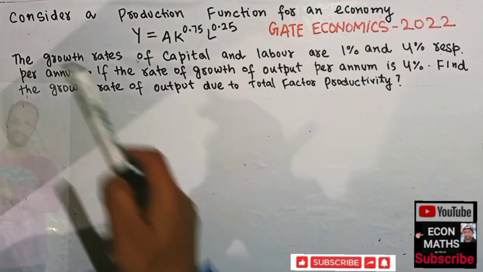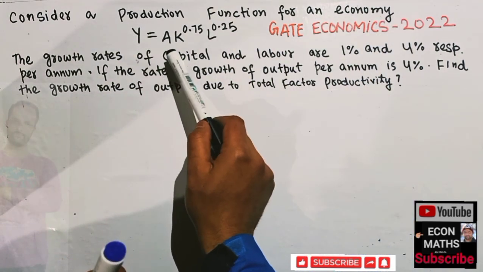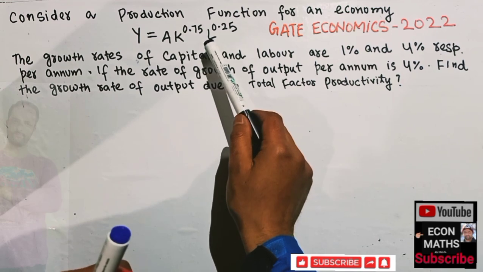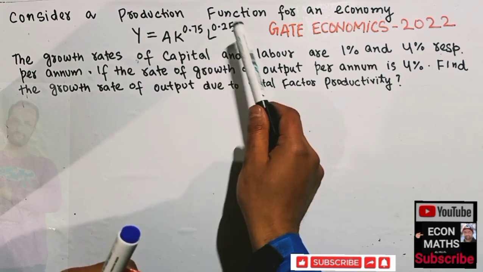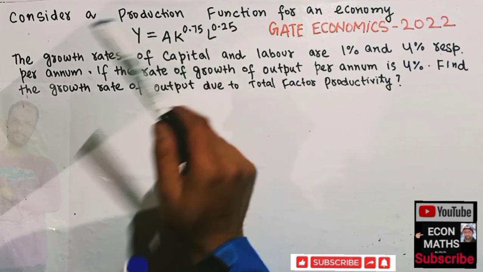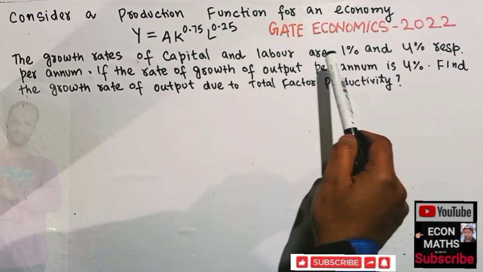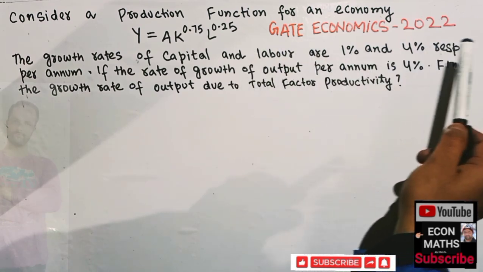Okay, the question is like this: consider a production function for an economy given as Y equals A K to the power 0.75 L to the power 0.25, where K, L, and A are the capital, labor, and total factor productivity, and Y is the output. The growth rates of capital and labor are given as 1% and 4% respectively.